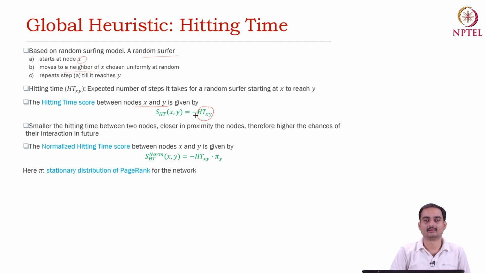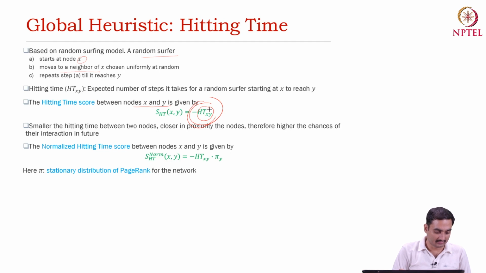Therefore, you take the minus, because then the higher the negative of hitting time, the higher the similarity. So higher is better, and in order to satisfy this, we do this thing. Sometimes this measurement, the hitting time, is not normalized.